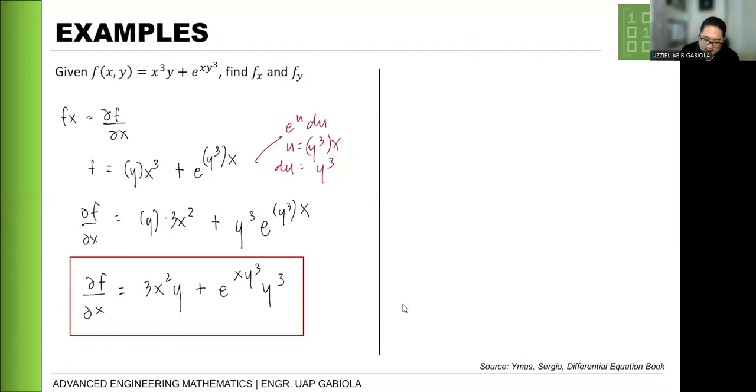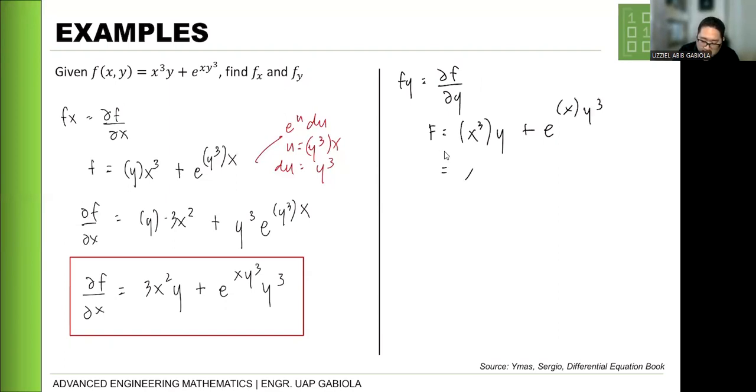We have partial derivative in terms of y. So we have the function in terms of y. So treating si x as constant, so we can rewrite the function as x cube y plus e^(xy cube). Again, nilagyan ko lang ng parenthesis to indicate na siya ay coefficient, no? If ever nalilito pa. Okay?